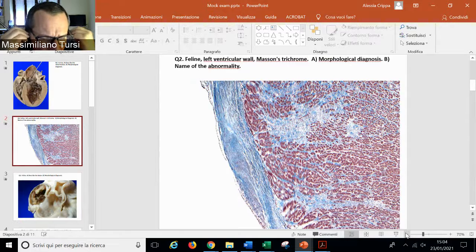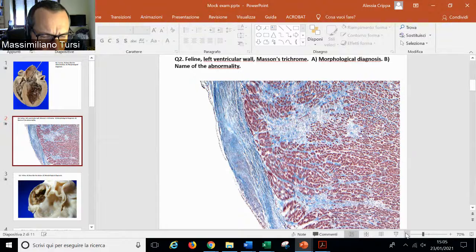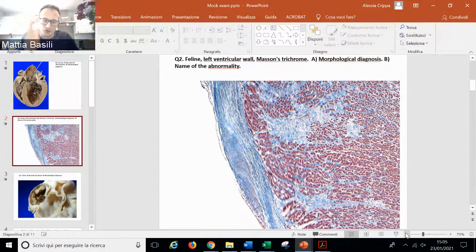If you say something is in the subendocardial portion, you exclude the endocardial layer. Okay, so that would be endocardial and that's it. Endocardial and myocardial, of course. I mean the layer, the lateral portion of it.